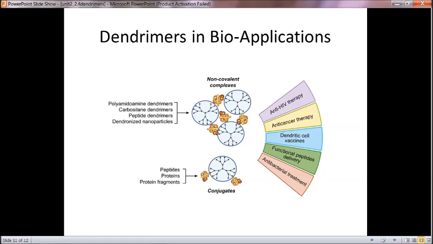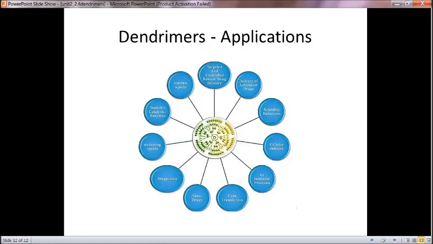The applications can be given as: solubility enhancer, cellular delivery in industrial processes, gene transfection, nanodrugs, diagnostics, coating agents, markers, and dendritic catalysts or enzymes, contrast agents, targeted and controlled release drug delivery, and delivery of anti-cancer drugs.